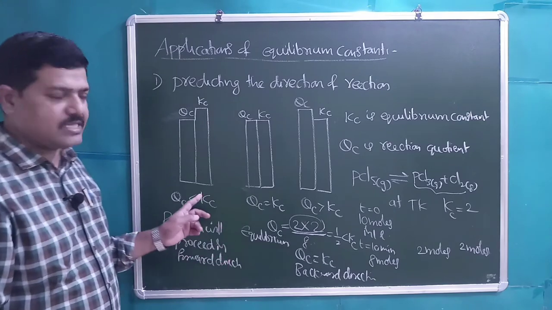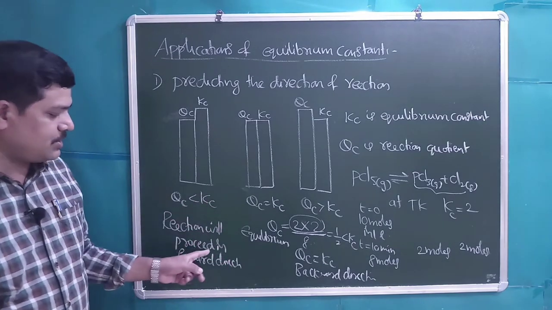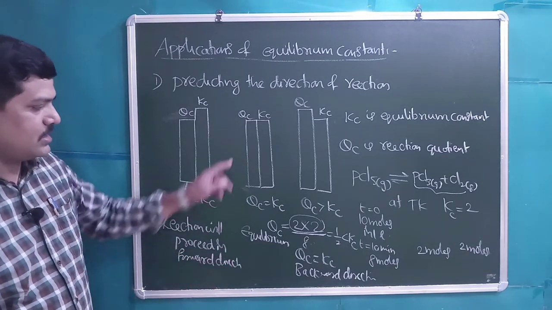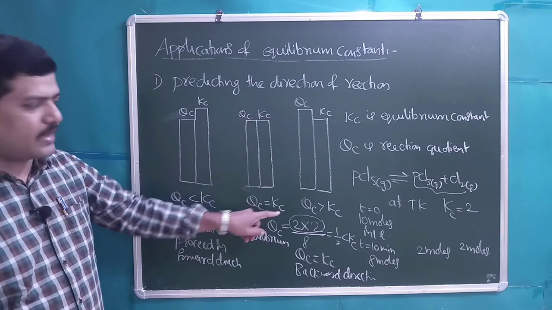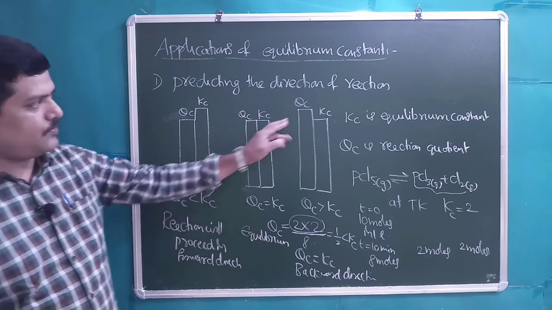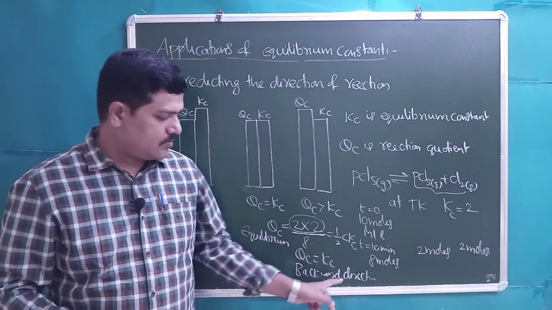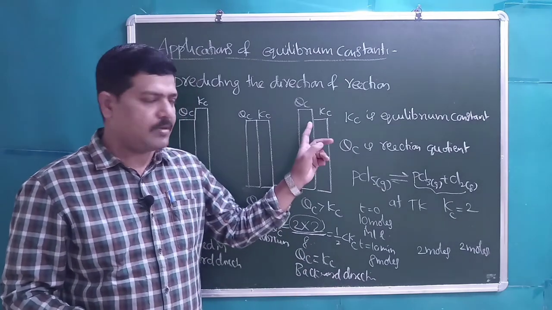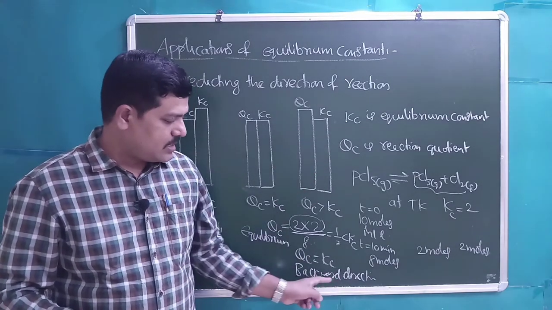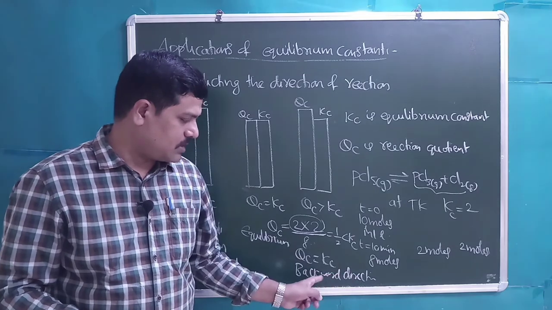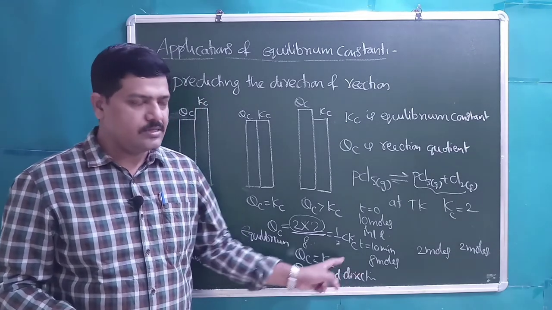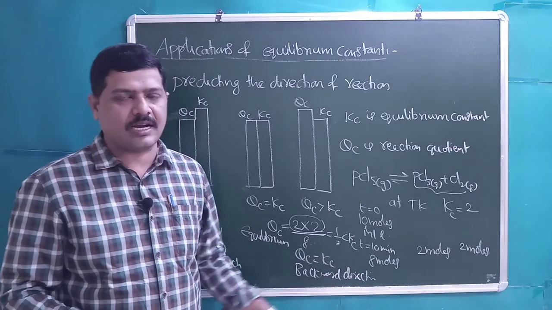So if Qc is less than Kc, the reaction proceeds in the forward direction. If Qc is equal to Kc, equilibrium is attained. If Qc is greater than Kc, before attaining equilibrium, the reaction will proceed towards the backward direction, right?